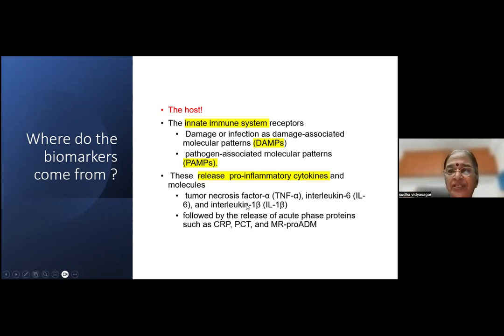So there is an infection, there is a host. The host responds to the infection by producing the DAMPs and the PAMPs, and that releases these biomarkers. So indirectly, by looking at the biomarkers, we are going backward and making a diagnosis of the infection that is present.